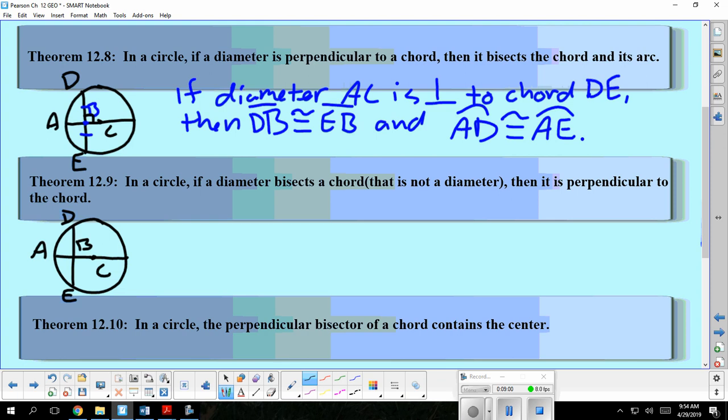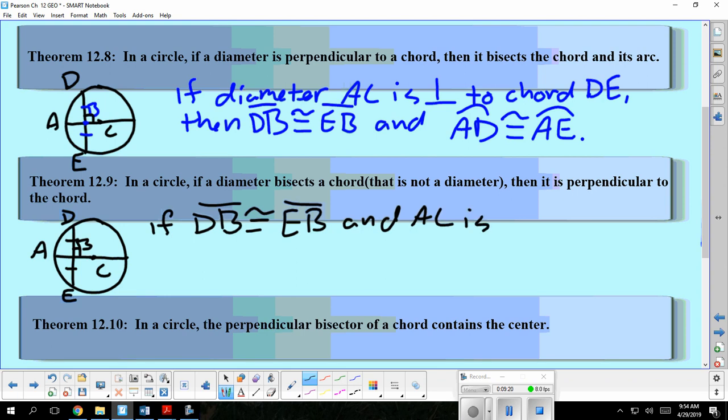So if this is bisected, then that's perpendicular. If DB is congruent to EB and AC is a diameter, then AC is in fact perpendicular to DE.